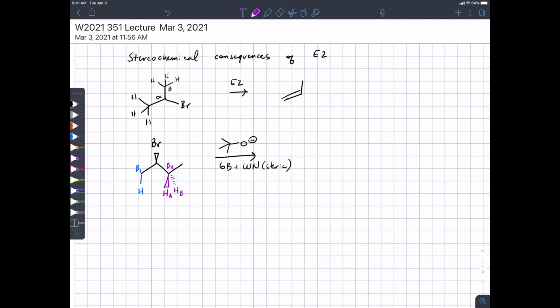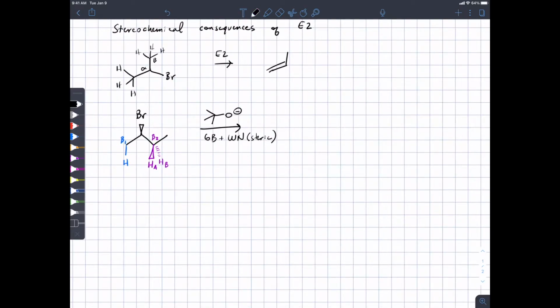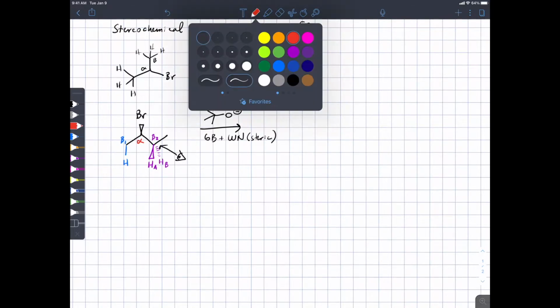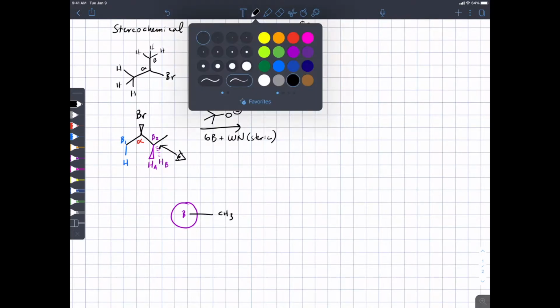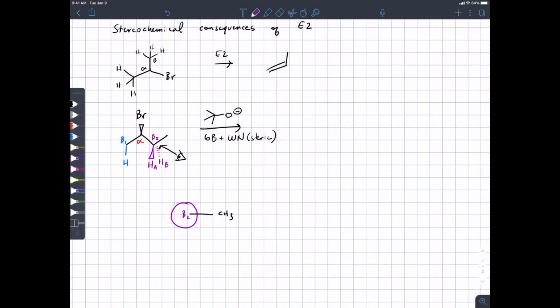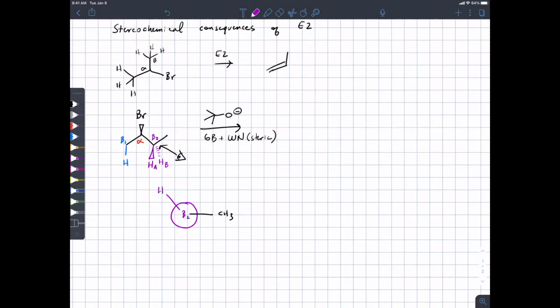It may not be immediately apparent that these two protons are different from each other, but you can tell that they're different if you look down the carbon-carbon bond between the alpha carbon and beta carbon 2. Here's beta carbon 2 with, from this perspective, a methyl group coming out to our right, and then a proton up and to our left, and a proton down and to our left.